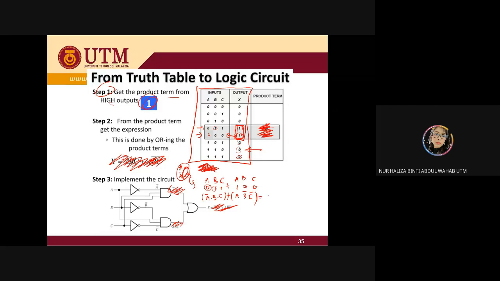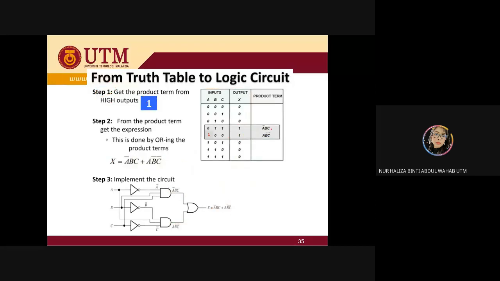So your Boolean expression from this truth table, you will get A bar B C plus A B bar C bar. After I get this, now this is my answer. I have 0, 1, 1, 1, 0, 0. See? And this is my Boolean expression.